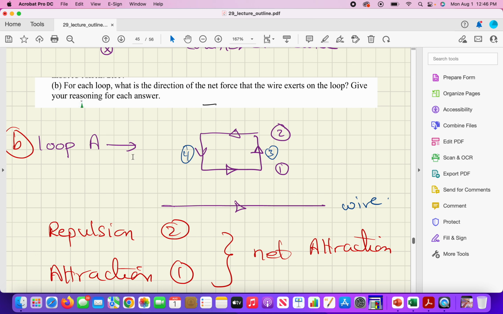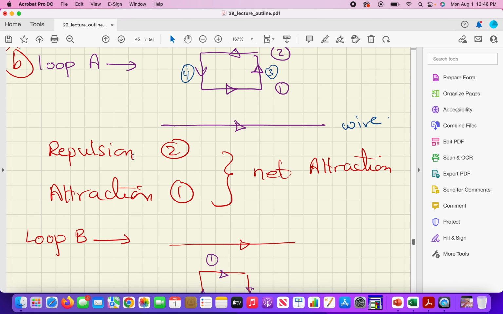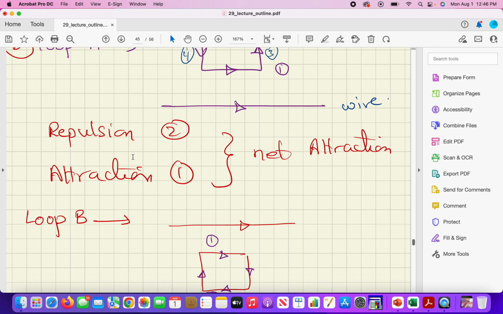One of them is the flux idea. Whenever the flux is increasing, then the net is going to be attraction.